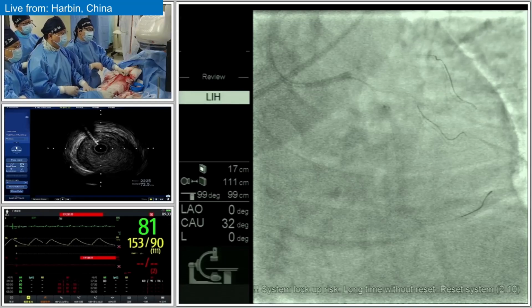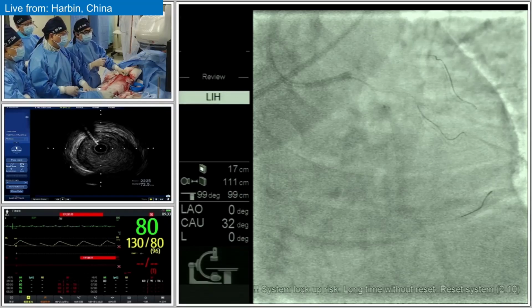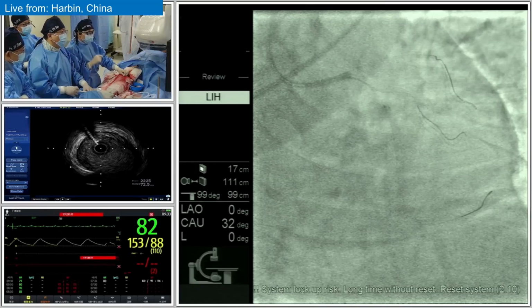And the antegrade approach, as we know, includes several techniques, including antegrade wire escalation, parallel wiring and the ADR technique. Both can be used according to the location of the first wire distal.